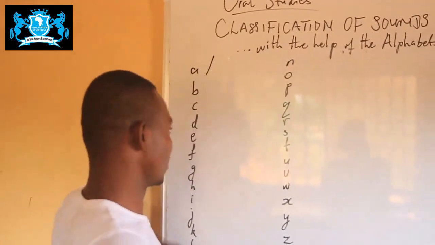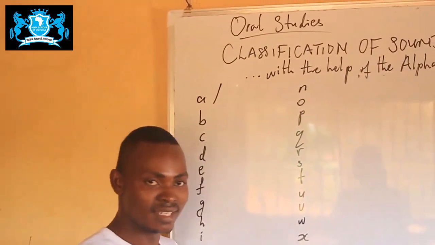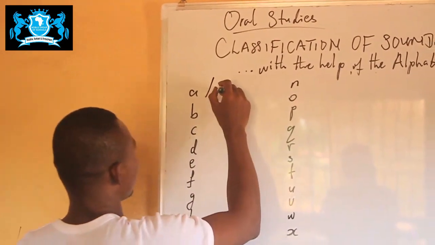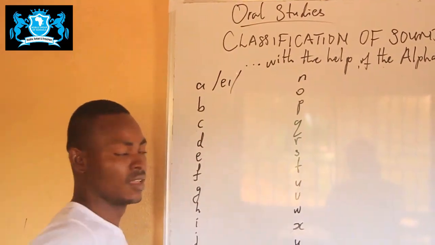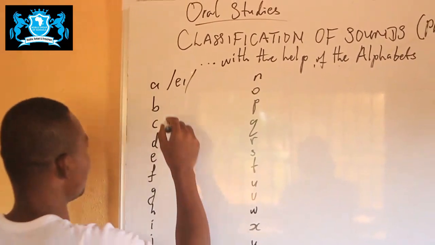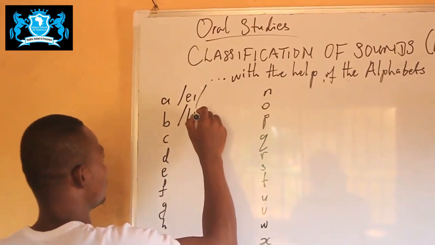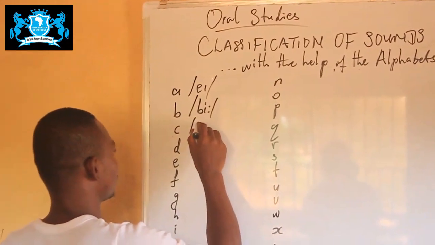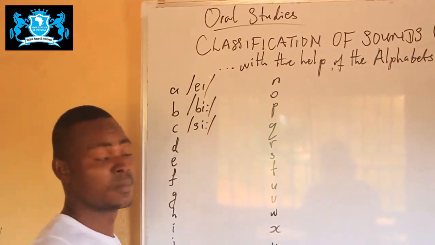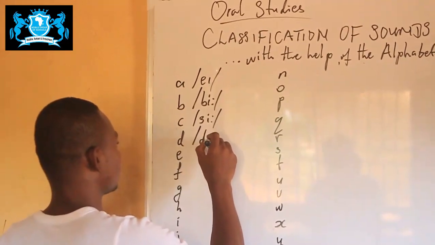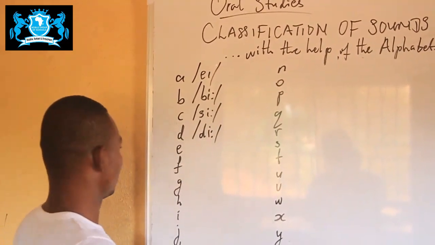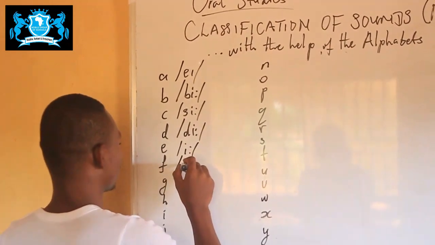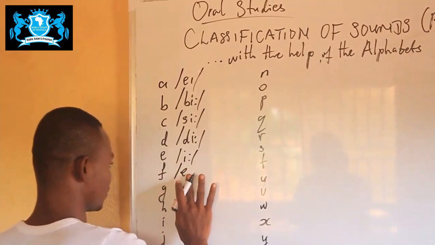We call this A, and remember we put our symbols in square brackets like we said earlier. So we have here A. A is transcribed as A. B is transcribed as B. C is transcribed as C. D is transcribed as D. E is transcribed as E. F is transcribed as F, let me write it very well.